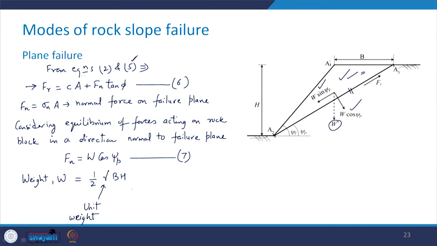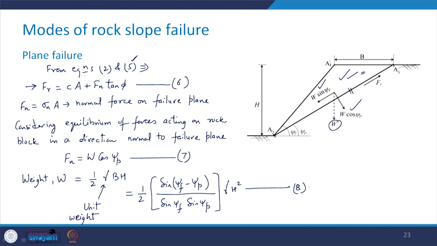So, from equation number 4, you just substitute the expression for B and see, this is what that you will get as sine of psi f minus psi p divided by sine of psi f into sine of psi p, and this whole thing multiplied by gamma h square.